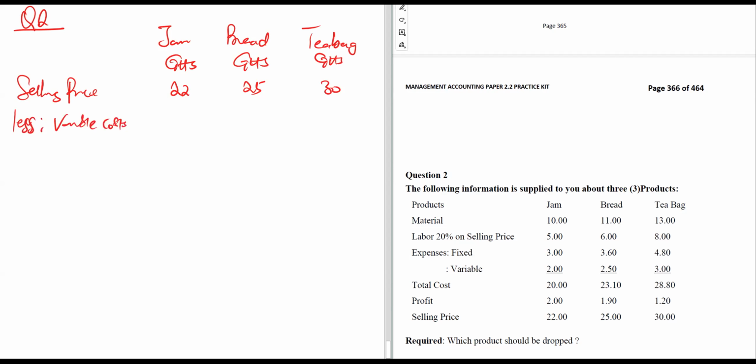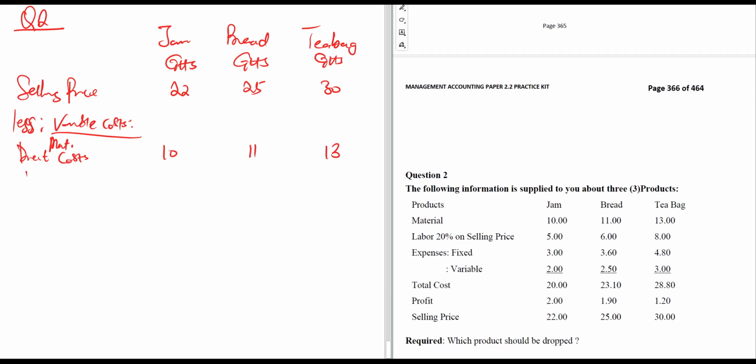We less the variable cost. The variable cost: you have direct material, 10 cedis, 11, and 13.